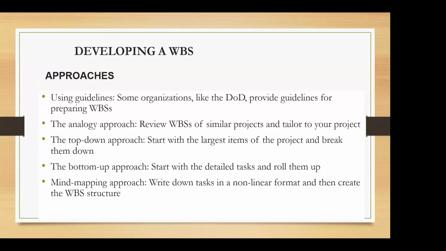In some organizations, like maybe government organizations, they can provide guidelines on how the managers should prepare the work breakdown structures. So they will have to follow these guidelines when they are developing the WBS.